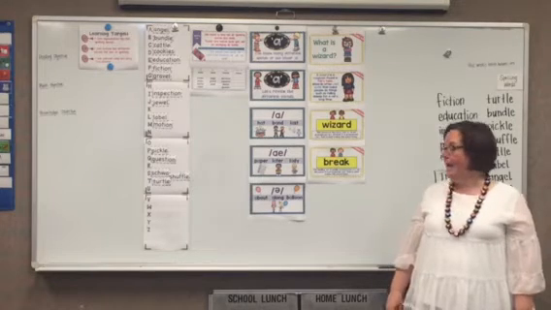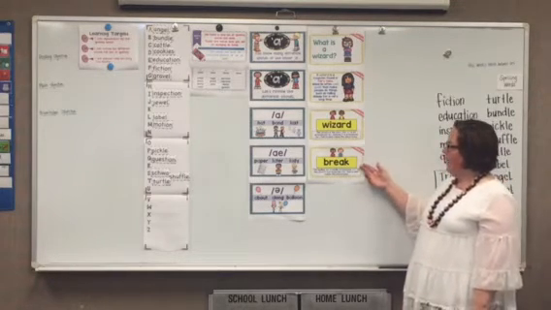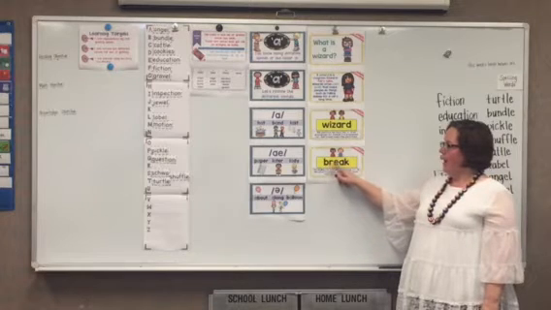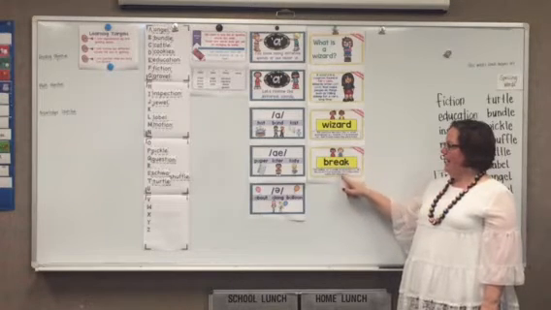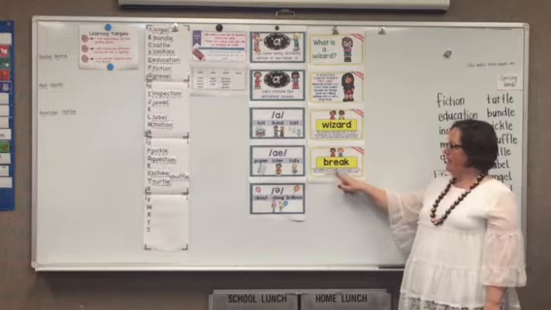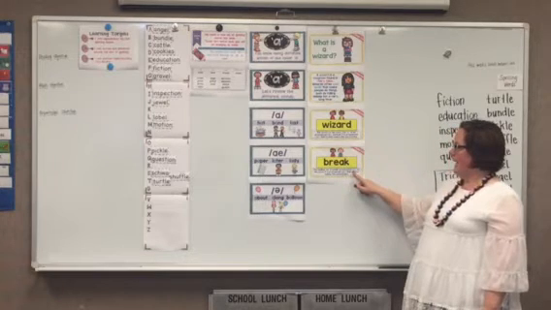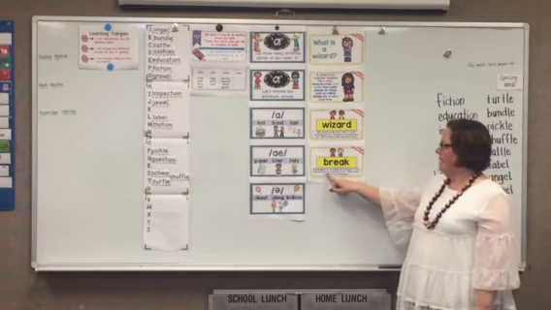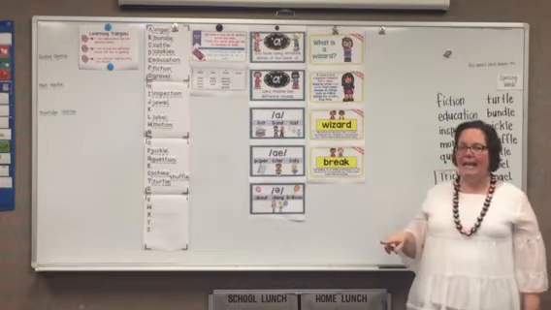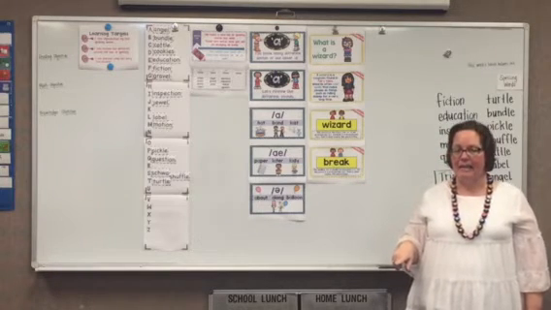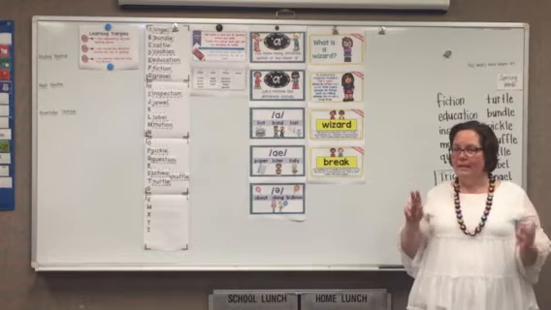Wizard, okay? We also have break. B-R-E-A-K. The E-A is usually pronounced with an E, but this time this word is pronounced with an A-E, break. Okay, so it's a little different.